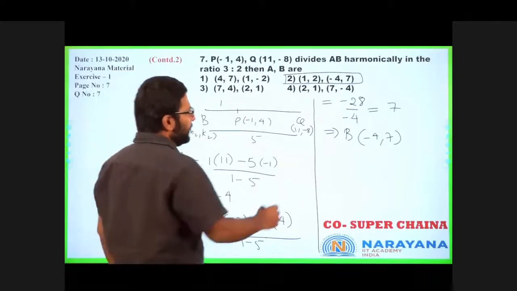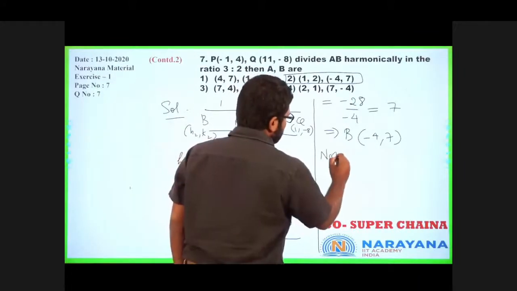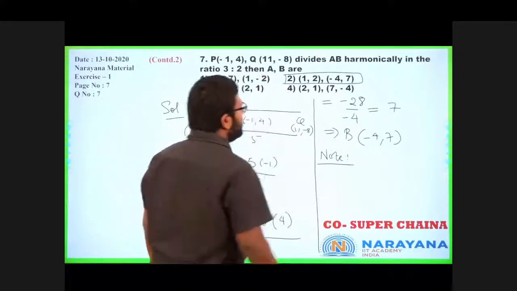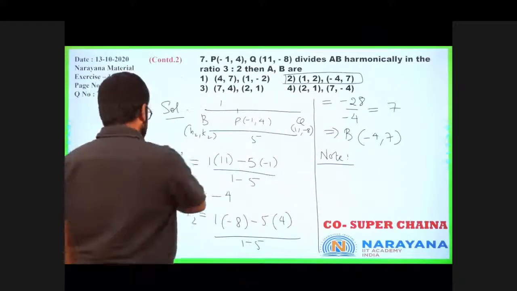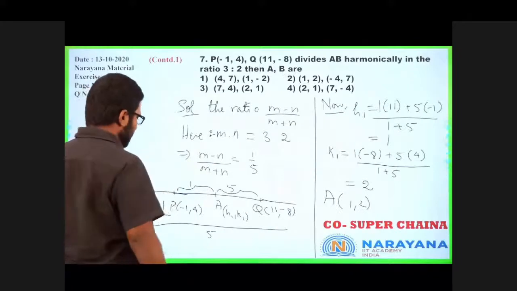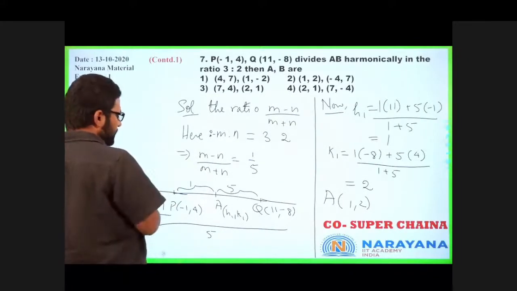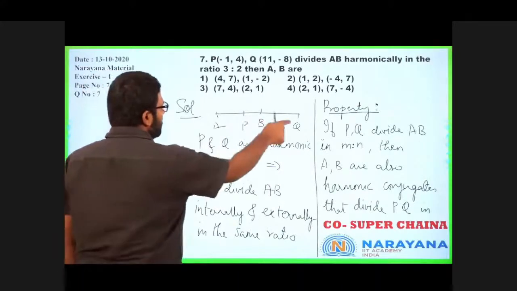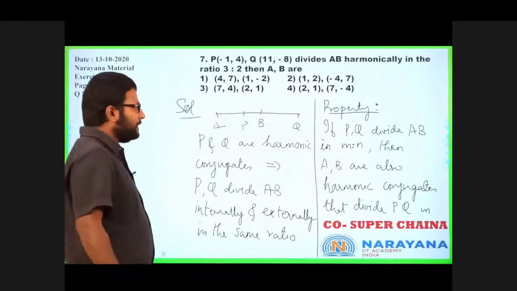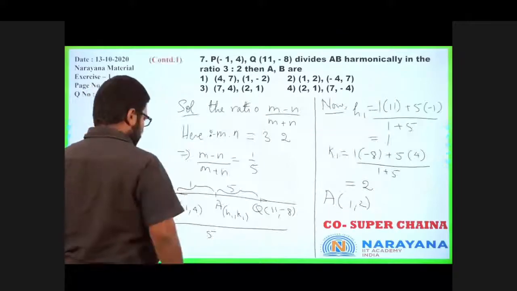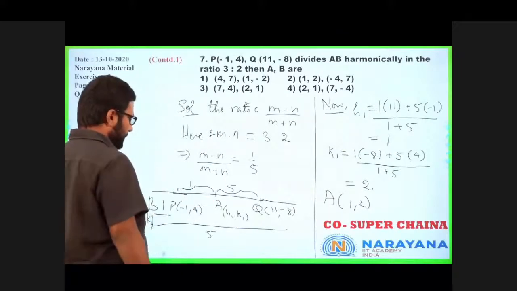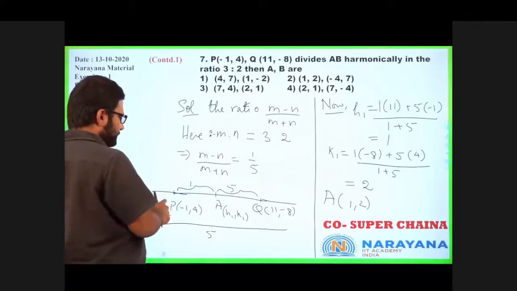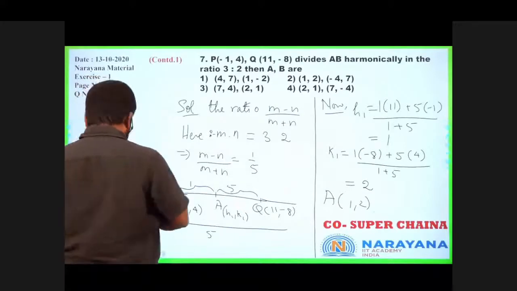Alright, now there is a quick note here that in the beginning, you see, there will be a slight difference in the diagrams I have made. Here this goes BPAQ, but here it goes APBQ, right? Which means, if you follow this diagram, P is dividing AB internally, Q externally.